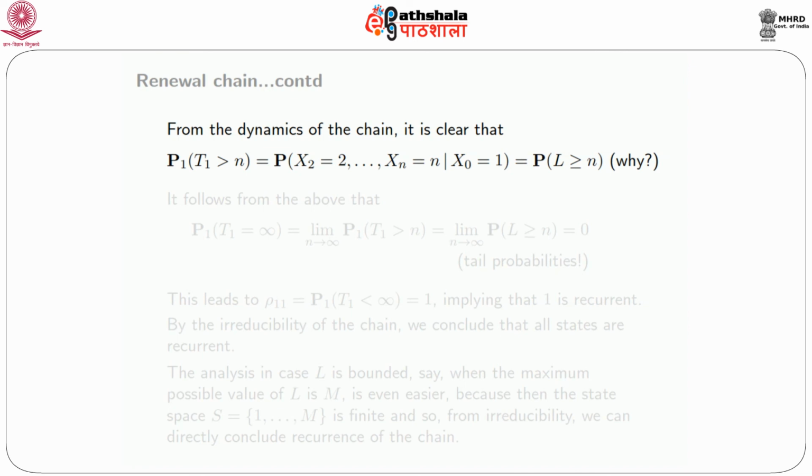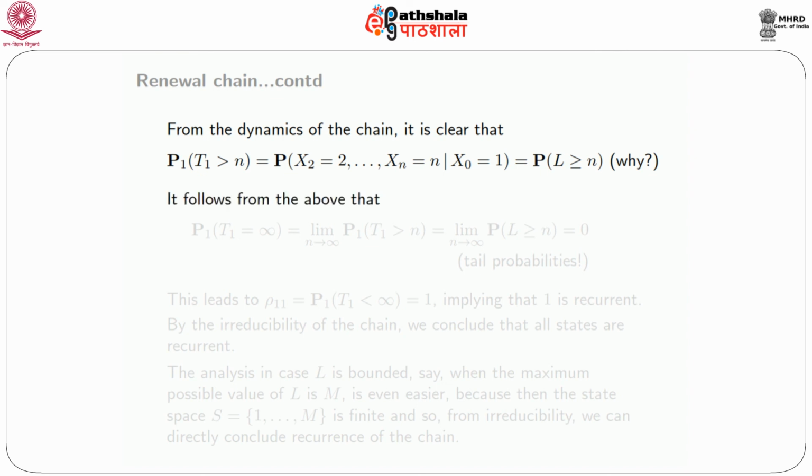That means, given that the item in operation on day 1 has age 1, the return to that same state has not happened until time n. That means the same item has continued operating. So X2 is 2, X3 is 3, etc., Xn is n, given X0 equal to 1, and that simply means it's the probability that L is greater than or equal to n. Just try to convince yourself that that is the case.